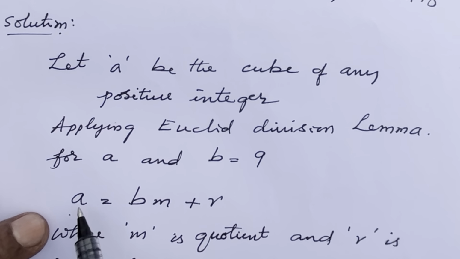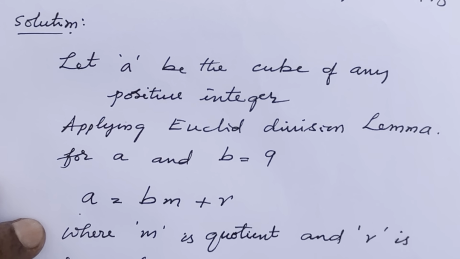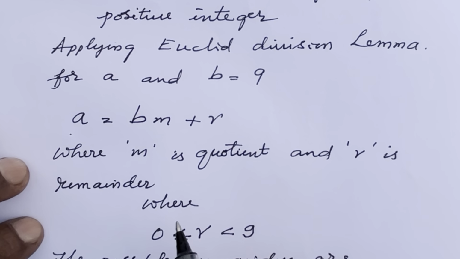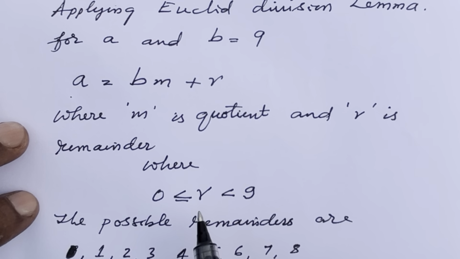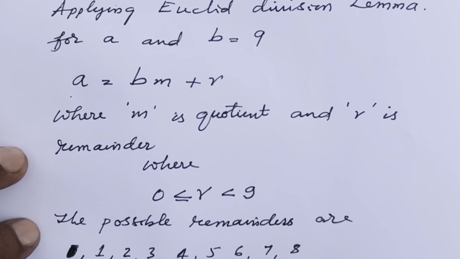So now a is equal to bm plus r, where m is the quotient and r is the remainder, where r is equal to or greater than 0 but less than 9.